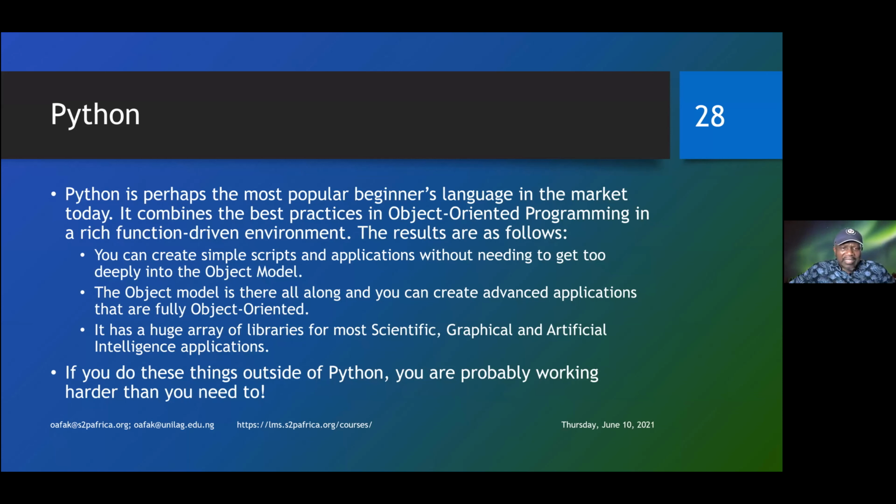The object model is still there all along, and you can create advanced applications that are fully object-oriented. All those things may look like jargon to you. They will be getting clearer as we move on. It has a huge array of libraries for most scientific, graphical, and artificial intelligence applications. If you do these things outside Python, you are probably working harder than you need to.